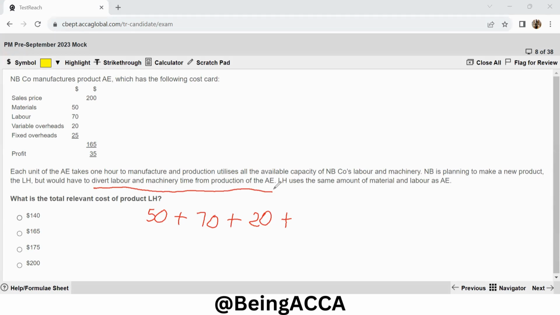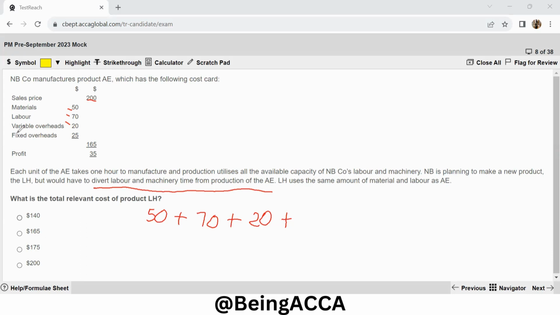So what is my opportunity cost? My opportunity cost is nothing but my lost contribution. So how much is my contribution? My contribution is 200 minus 50 minus 70 and minus 20, because contribution is sales price minus your variable costs. So if I just subtract all of these, 200 minus 50 minus 70 and minus 20, I get 60.